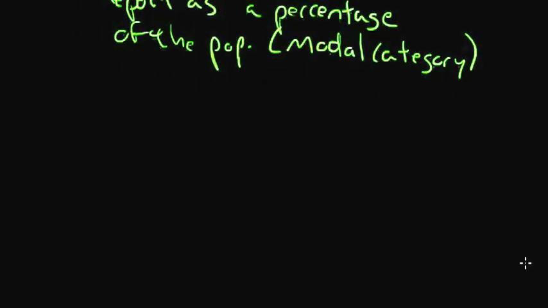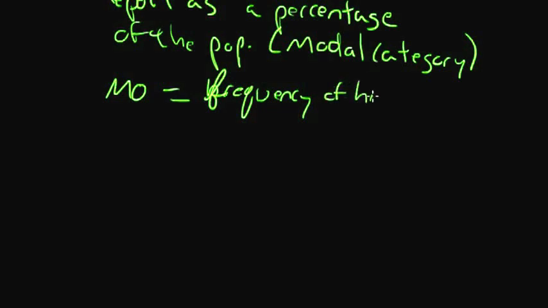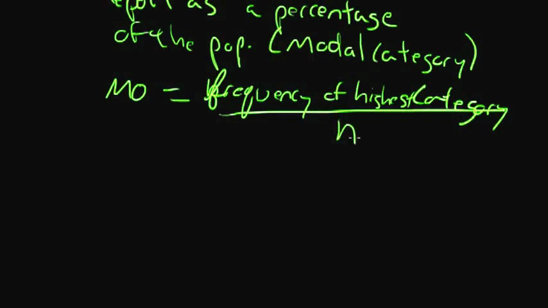We really just write this equation like this. We say MO equals the frequency of the highest category over N, which is the population.